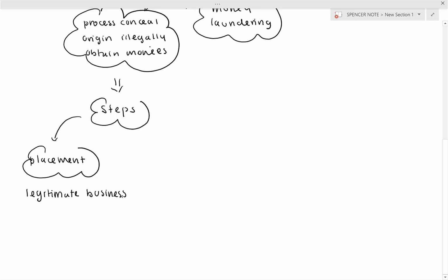After they have placed the illegally obtained money into the financial system, the second step is layering.